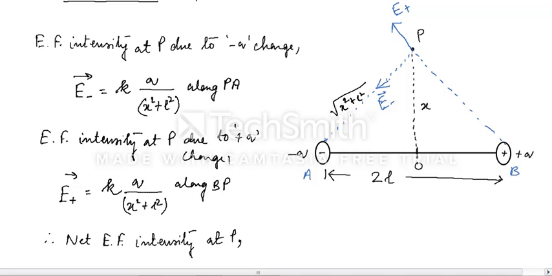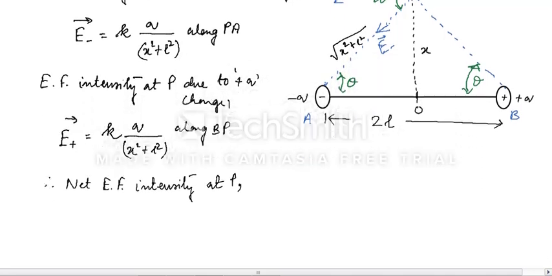If we consider the angle between the lines as theta, and this angle is also theta, as this is an isosceles triangle, so we can get that this angle is how much? 2 theta, and the net electric field will be directed somewhere in between E plus and E minus. This is the net electric field.